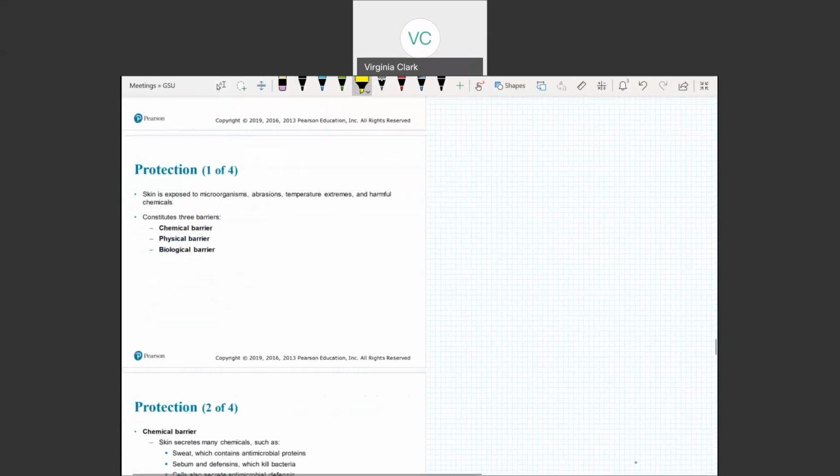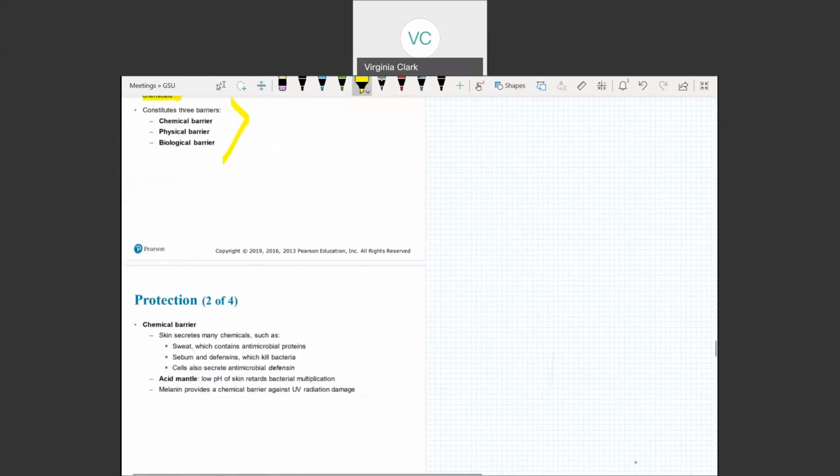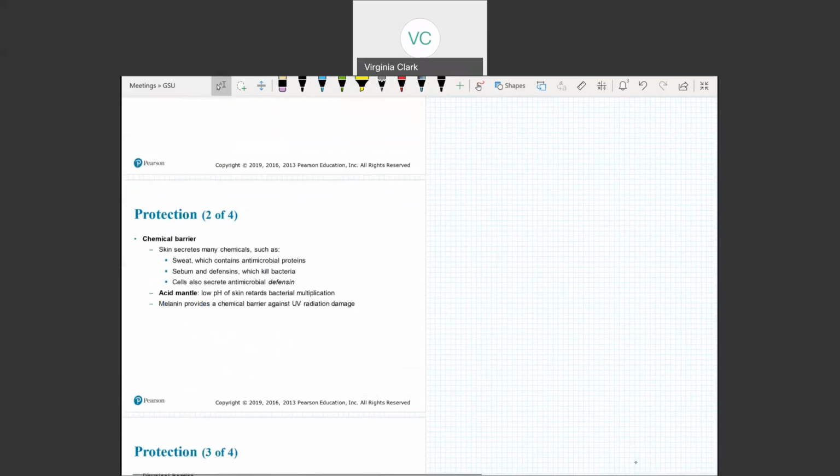So when we're talking about protection, your skin is exposed to a lot of different things, including microorganisms, abrasions, cuts, changes in temperature, i.e. Georgia this week, and harmful chemicals. But there's three types of barriers that we talked about at the beginning. When we're talking about chemical barriers, we're talking about the fact that there are chemicals on your skin.